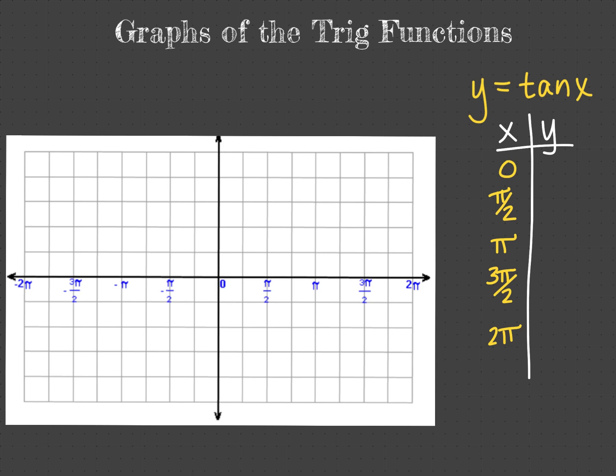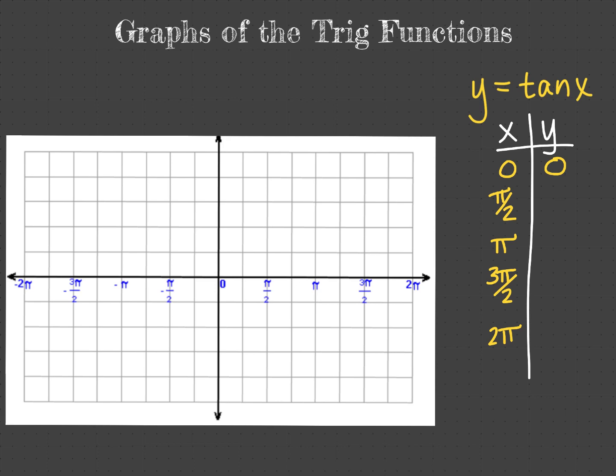Next, let's take a look at the graph of y equals the tangent of x. We again have our 5 main points. Recall that tangent is sine over cosine or y over x. So at 0, our sine or our y is 0 and our cosine or x is 1. 0 over 1 is 0. At pi over 2, our sine over cosine is 1 divided by 0.